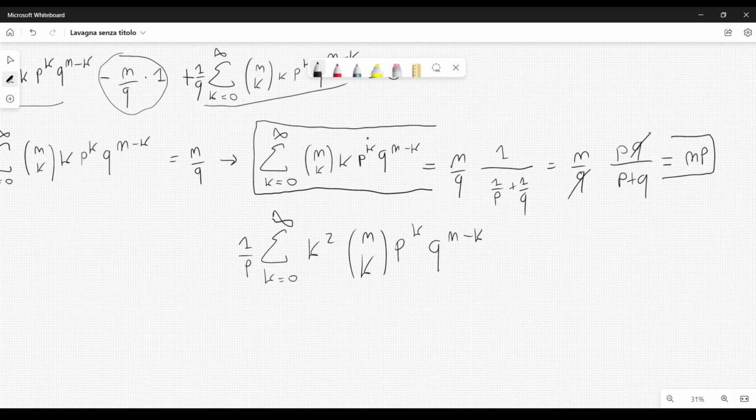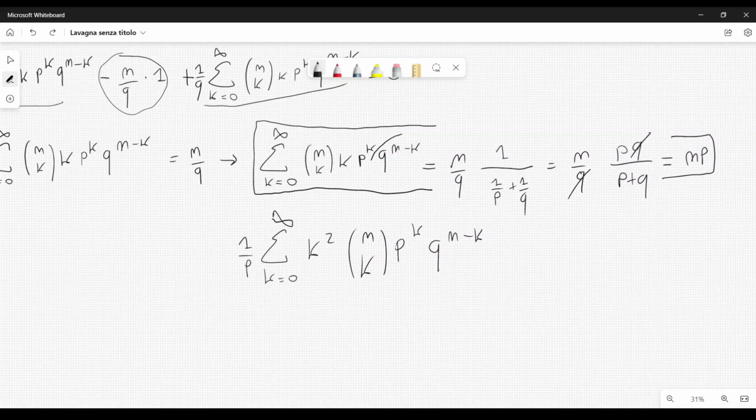And this is just the derivative of this first term, because when I take the derivative of that, this k here will multiply this k, so I will get k squared here. And this 1 over p is simply due to the fact that when I take the derivative, here I have p to the k minus 1. So p to the minus 1 is 1 over p, which I can put outside of the summation.